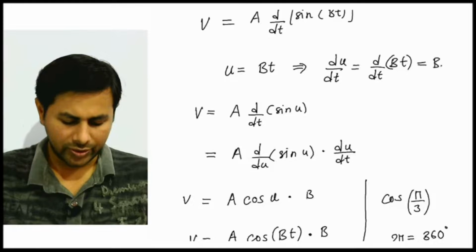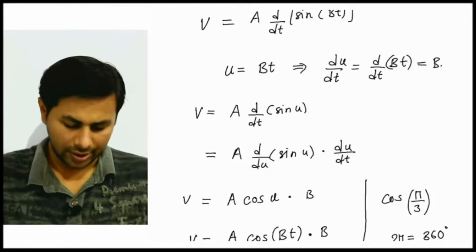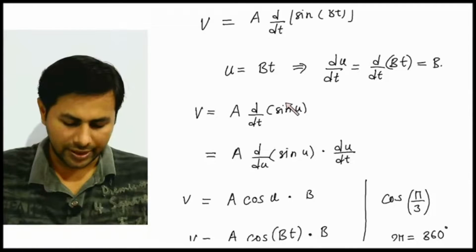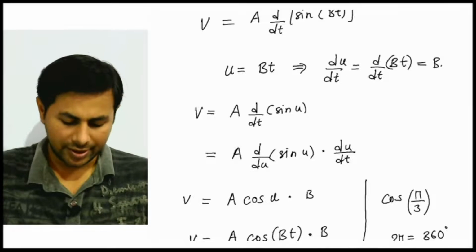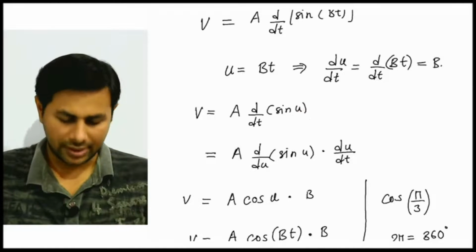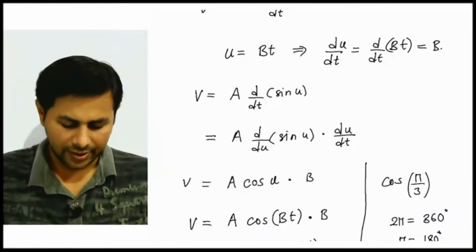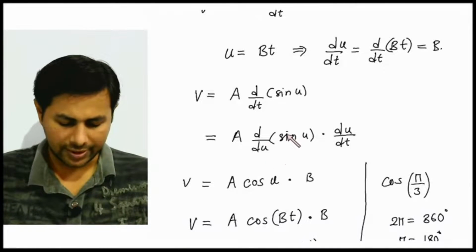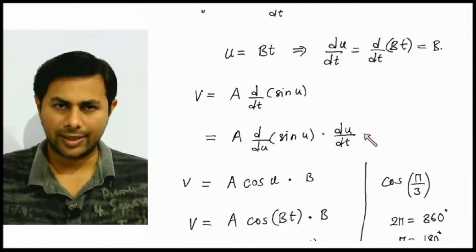Okay, so we want to take derivative of this function sine of u with respect to t. So it is derivative of sine u with respect to this inside function multiplied by derivative of inside function, that is u, with respect to t. So we did just that. So we took derivative of sine u with respect to u and multiplied it with du by dt.